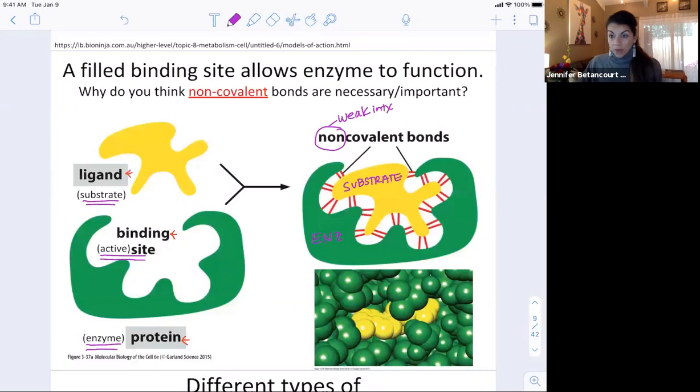If you bound covalently, like let's say this had a bunch of cysteines and this had a bunch of cysteines, you're not breaking that apart. Those are strong covalent bonds. So it makes sense that most of the bonds between substrates and enzymes, and even ligands and general proteins, are going to be weak, non-covalent bonds. Not so weak that the substrate just comes and goes willy-nilly, strong enough to stay there temporarily, but not so strong that it's going to stay there forever.